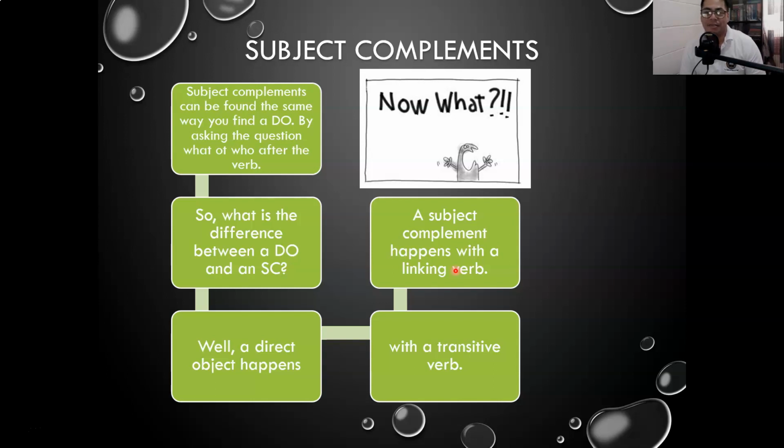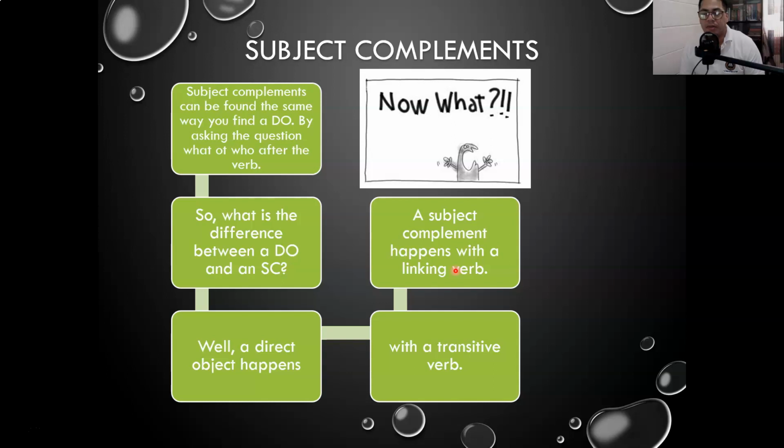If I say, for example, Margarita got mad, it's the same as if I said Margarita became mad. Marcus is turning red. Turn is another verb that we can use as a linking verb if it means become, right?